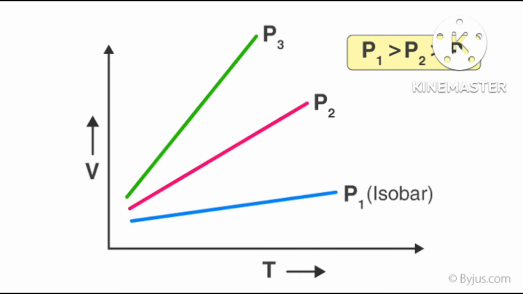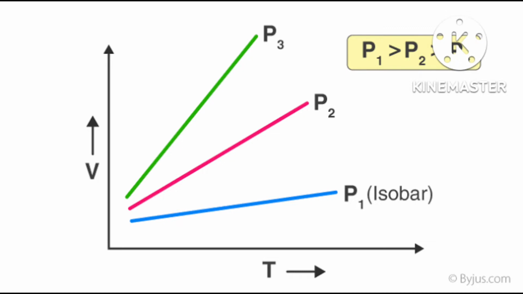Then, simple simplification: V0 is common in both terms. Original is V0 plus t into V0 divided by 273.15. Take V0 common, then what remains inside the bracket is 1 plus t upon 273.15.